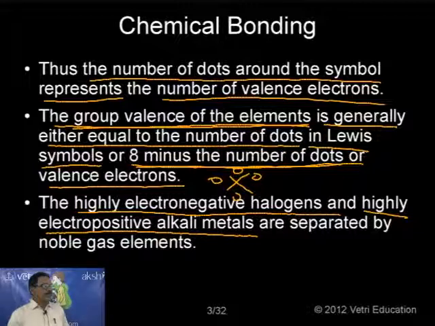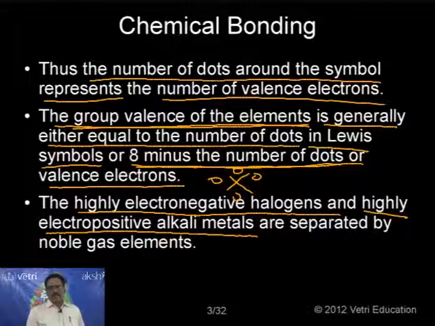Group 1, alkali metals. Group 2, alkaline earth metal. Then 3 to 12, it is the transition elements. Then 13, boron family. 14, carbon family. 15, nitrogen family. 16, oxygen family. 17, halogen family. And 18, zero group elements, inert gas elements.